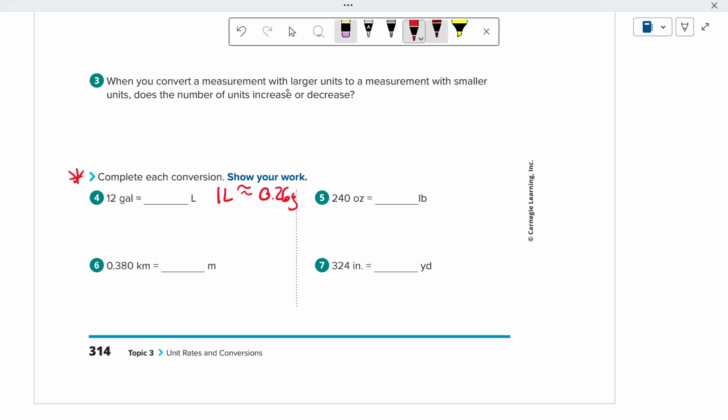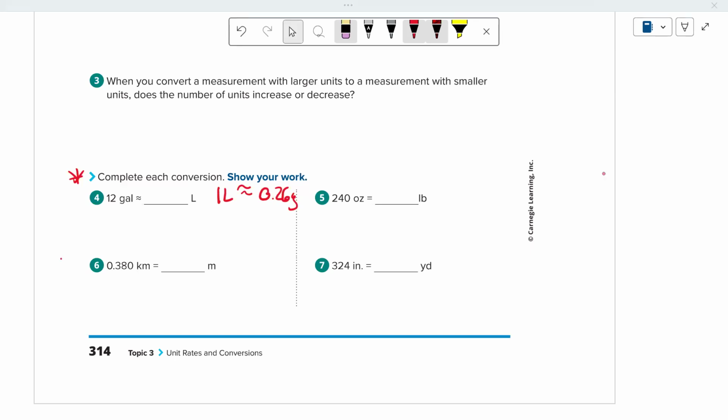Did I mix up my paper? No, I didn't. Okay. So also kilometers to meters. Where's my paper? Oh, there it is. Okay. I'm sorry, y'all had my stuff mixed up for a minute.